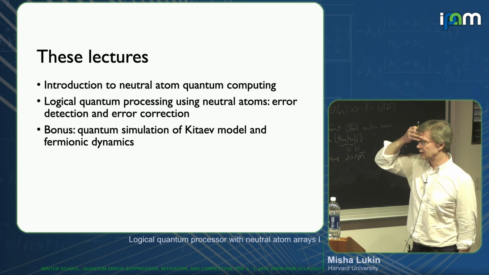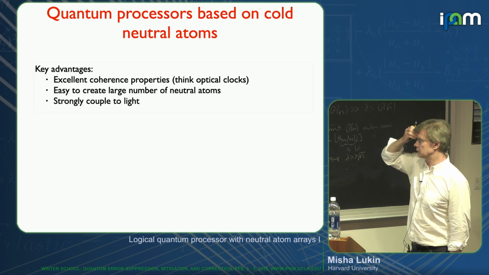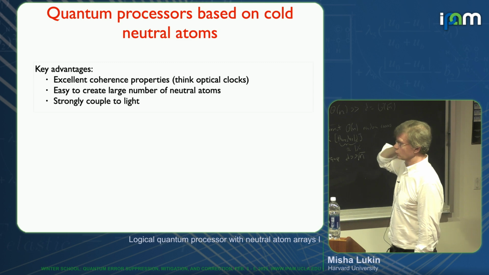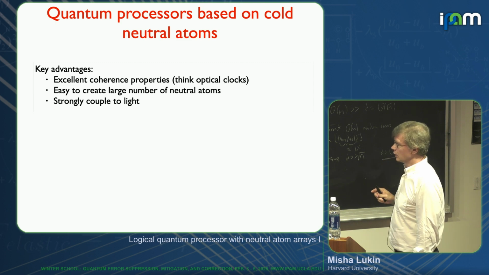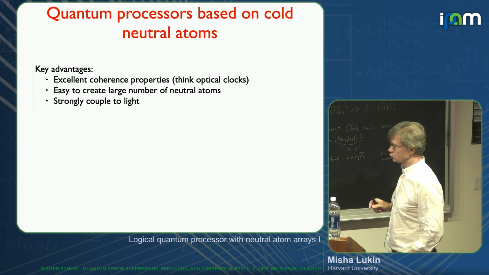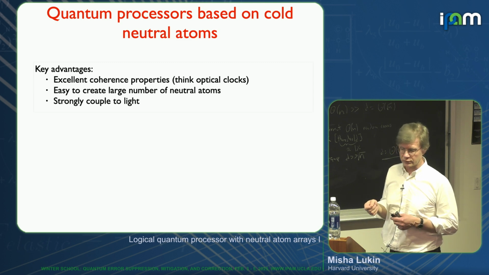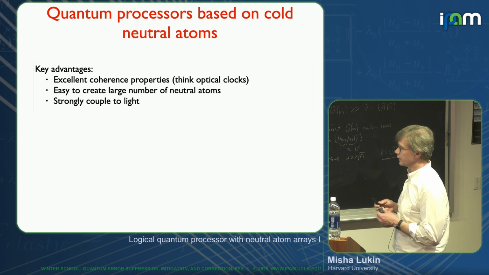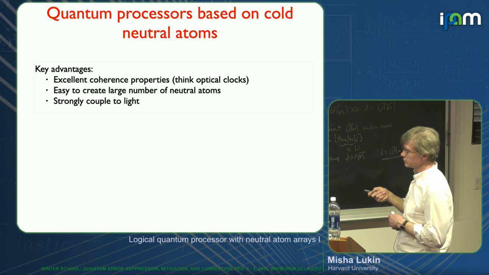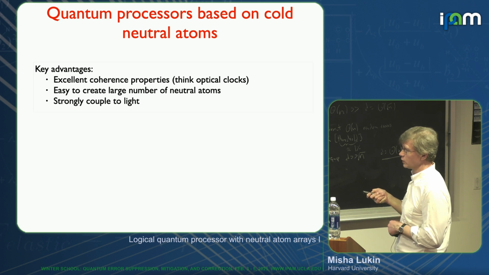So with that, let me focus specifically on quantum processors with cold atoms. There are many reasons to think about cold atoms as a promising platform. One of them is that cold neutral atoms have amazing coherence properties.